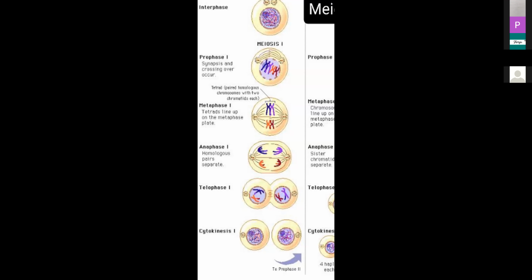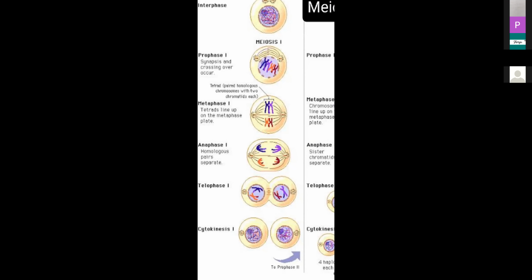And can you tell me how is it different from a typical interphase? Is there a student who can explain the main difference between a typical interphase and the interkinesis?